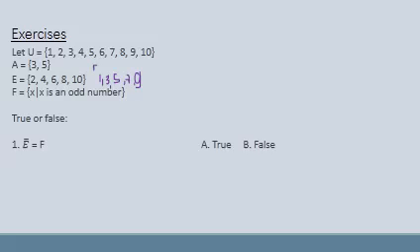So is E bar equal to F? Let us find all the odd numbers: 1, 3, 5, 7, and 9. Now if I just look at the elements, they are the same in both E bar and F. So yes, this is true.